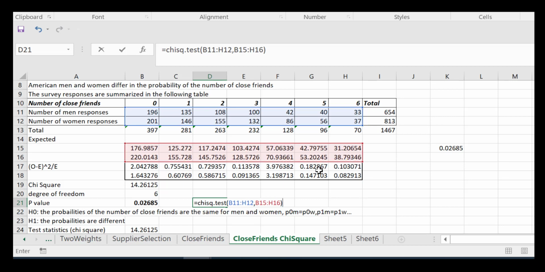It compares them, does the chi-square test and gives you the p-value. So this is another way to use an Excel function to do the chi-square test.